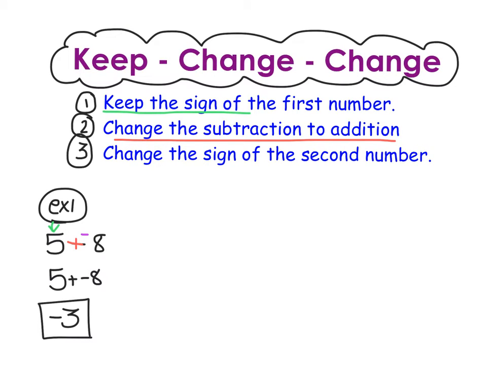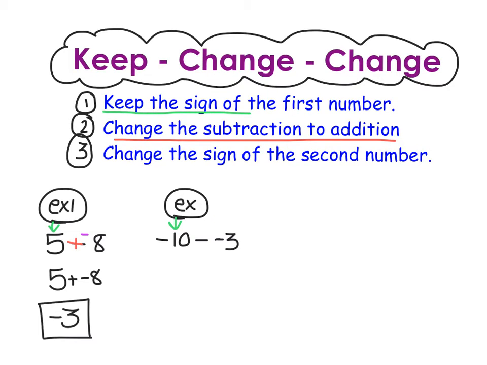Now let's try this again with a different example. Say we have negative 10 minus negative 3. That one looks a little messier. So again, we follow keep, change, change. We keep the sign of the first one, so we keep that negative 10 the same.